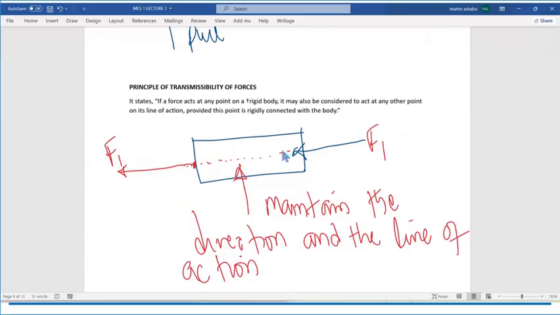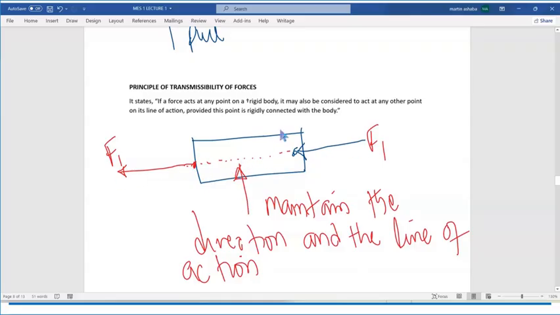If I apply a force here, for example, this F1, we said its line of action is along here, through the force itself and throughout the body. Anywhere along, as long as you draw a line that points in the direction of the force to and from where the force is, then you're talking about the line of action, but it is always imaginary. So that's why we can give it in a dotted form.